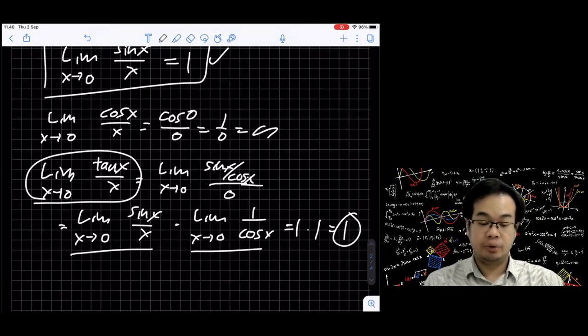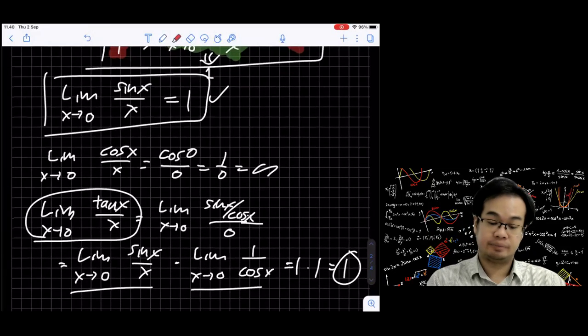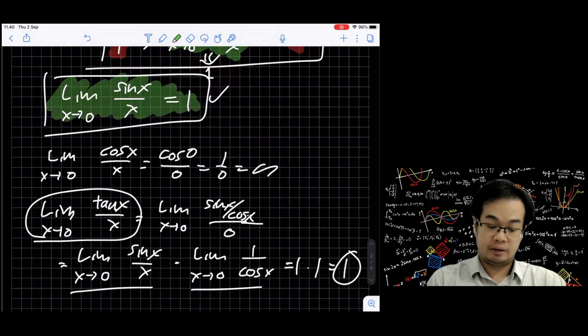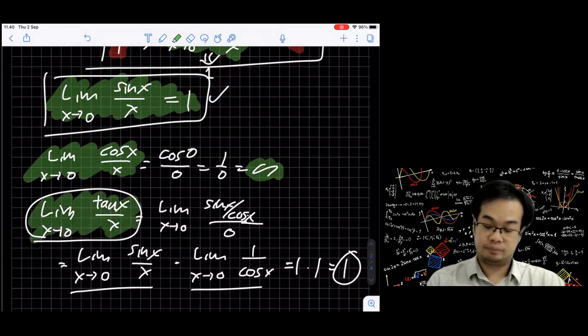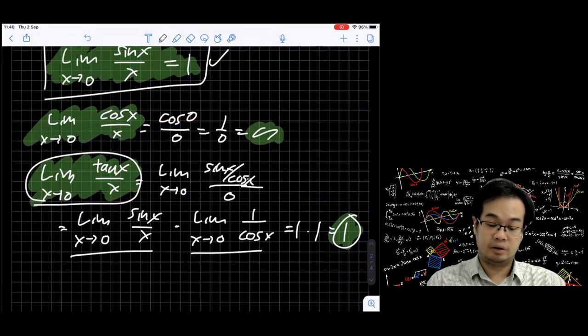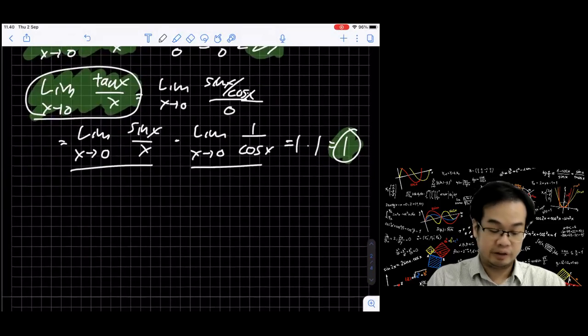Okay, so we get 3 formulas here. We get this one, we get this one, and we get this one. And of course it's also applicable for the reciprocal of it.